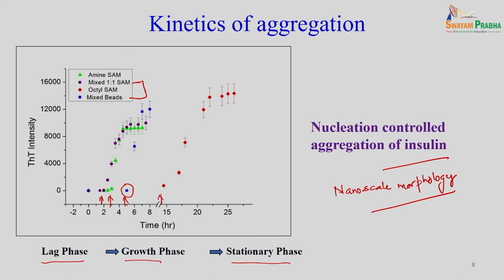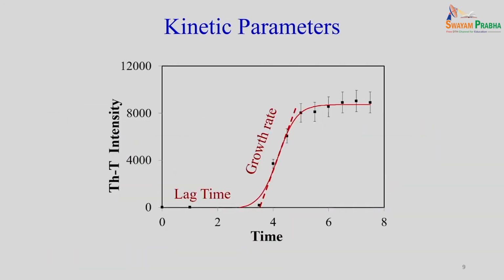From this ThT data we can analyze kinetic parameters like lag time and rate of aggregation or growth rate. One option is, we discuss three ways.